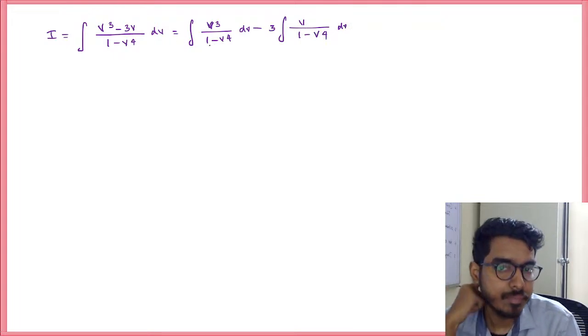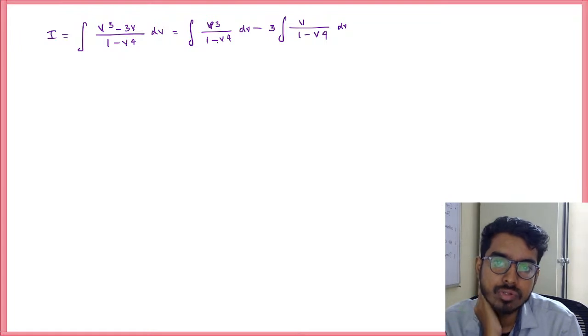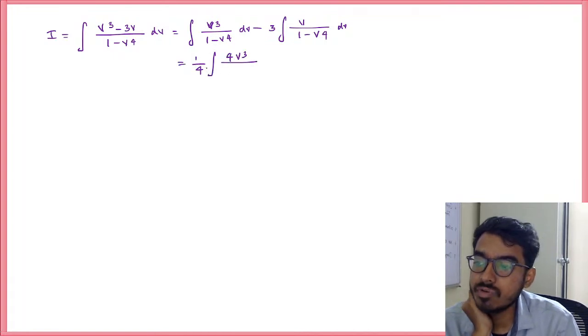This is easy, right? v cube, f of v, f dash of v. If we differentiate, it has to be 4v cube, but 4 is missing here. Let's multiply and divide by 4. Okay, minus 4 is missing, right? Okay. Let's multiply and divide by minus 4.